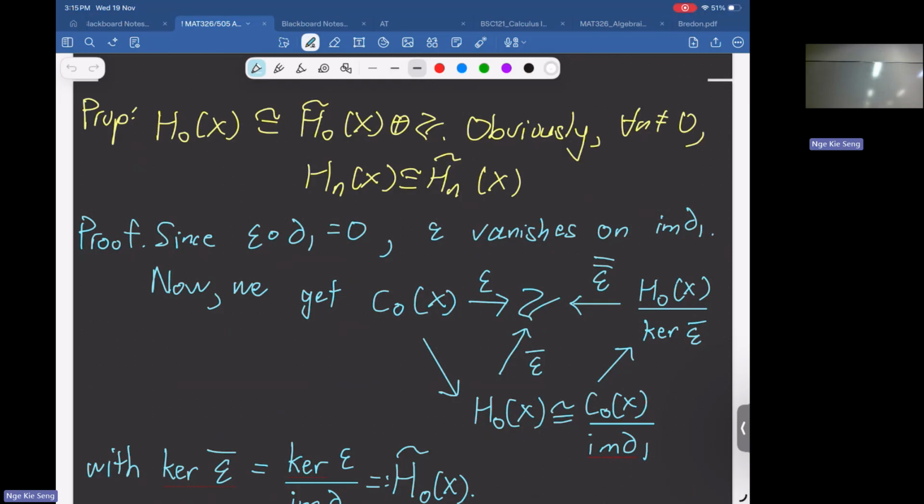So you have not yet cut out the whole kernel of epsilon, so you continue cutting. After cutting, we get the so-called reduced sum, the reduced homology. Since it is not cut enough, there is no isomorphism yet, so I keep cutting to remove the whole kernel. But then this whole kernel here will need to be identified under the image of delta one because we are considering the whole set.